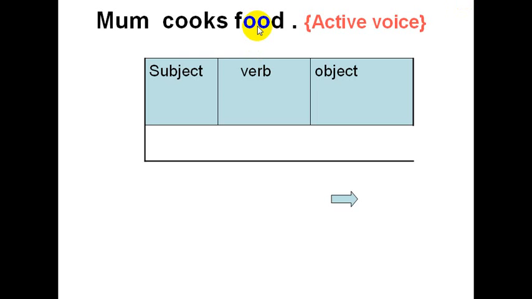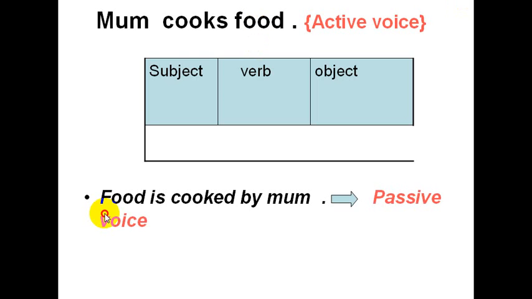Food. Then comes verb to be. Food is singular. So food is cooked. Cooked, the past participle of the verb cook. This is a regular verb, so I just added ed to get the past participle.